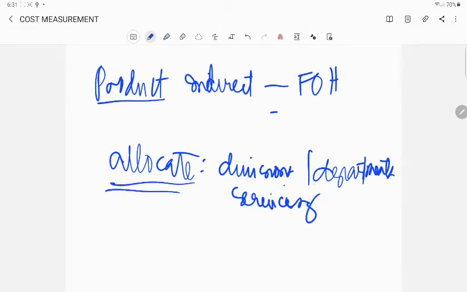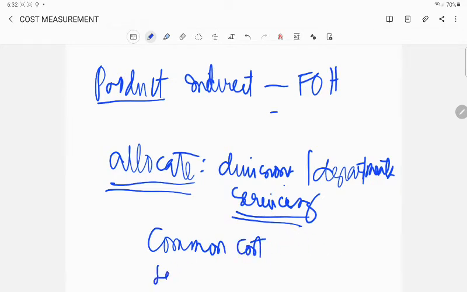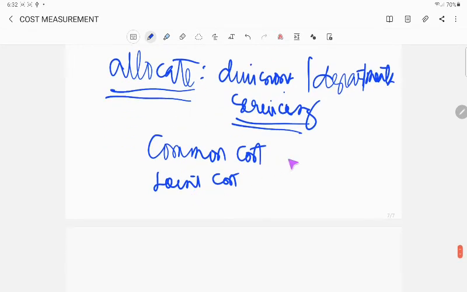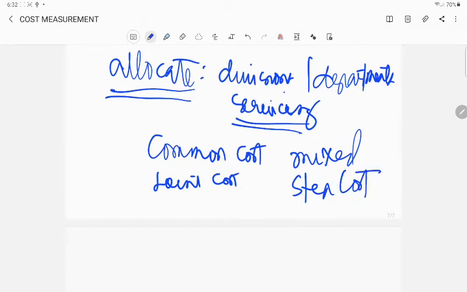Natatandaan nyo to, allocation methods. Pagka sa servicing unit, meron tayong common cost. Meron tayong joint cost. Meron tayong mix cost. Meron tayong step cost. All of this, you have to allocate.